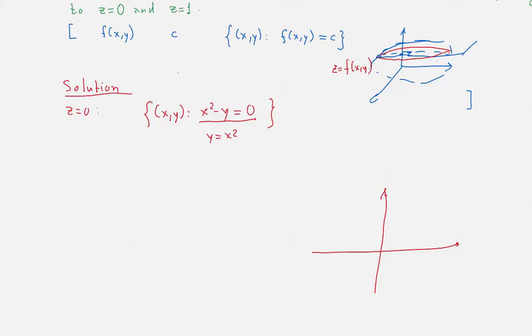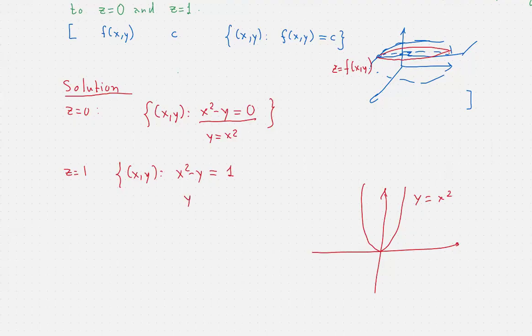And then for z equals 1, we will consider again all the x,y's such that this time x squared minus y is equal to 1. And now if we play around a little with this equation, we will realize that this is y is equal to x squared minus 1.